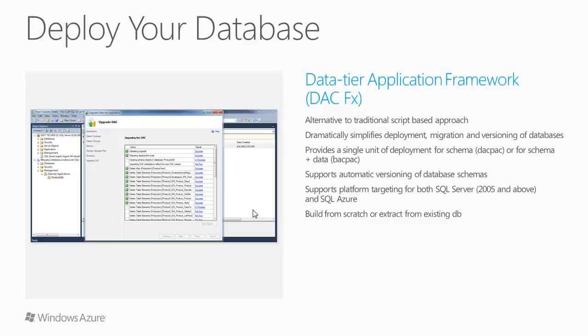But one of the things they're really pushing now is the data tier application framework. This is an alternative to the traditional script-based approach. So instead of going into SQL Server Management Studio and using the Generate Scripts Wizard and scripting your schema and possibly your data, they're saying let's use this alternative and use the data tier application framework.